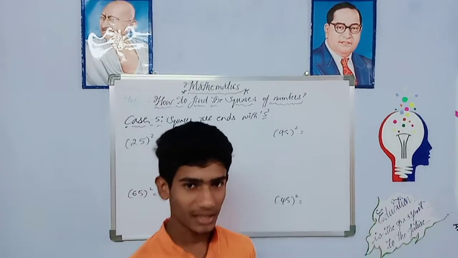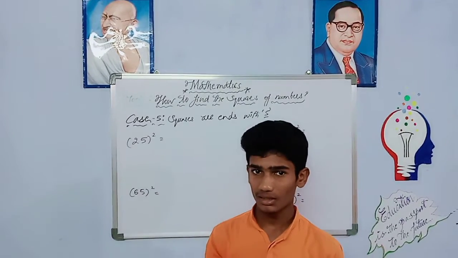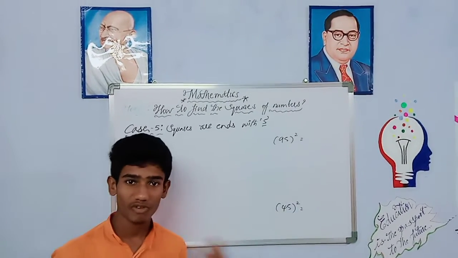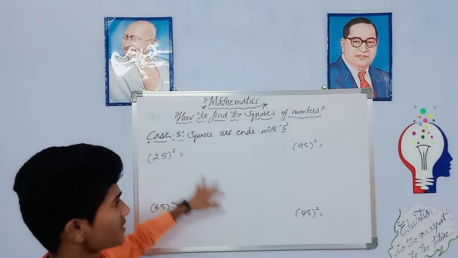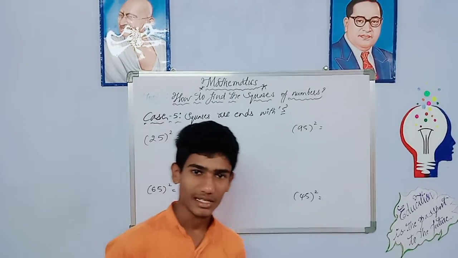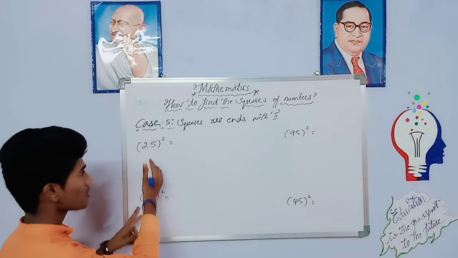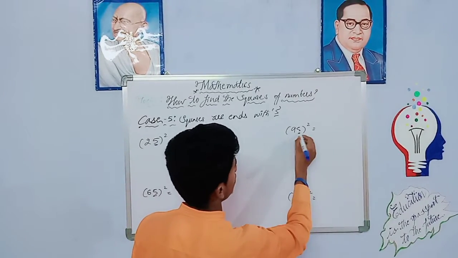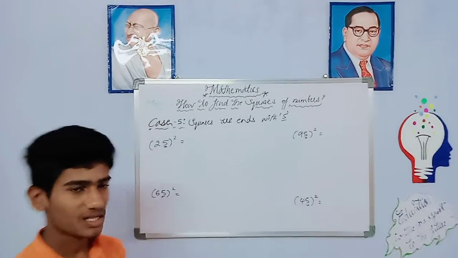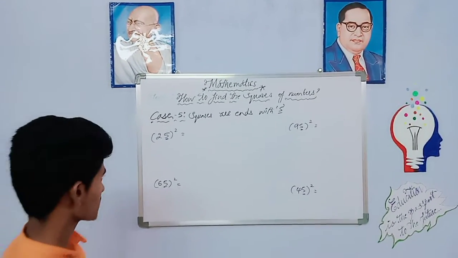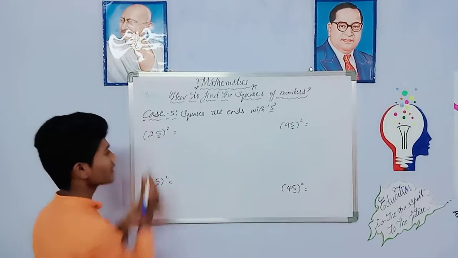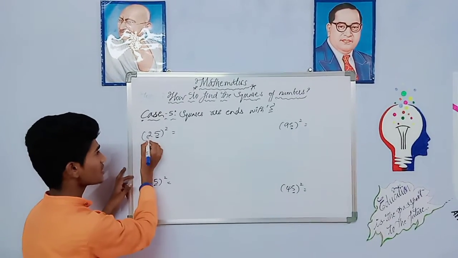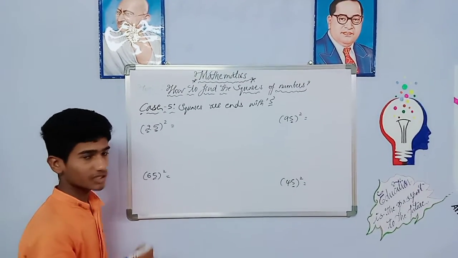Okay, in case 5, when the ones place digit of the number being squared is 5, we can get the answer easily. By seeing the questions, only 5s are in the ones digit place. When these 5s are in the ones place with another digit, the square ends with 25. So what is the first digit in 25 squared? 2.